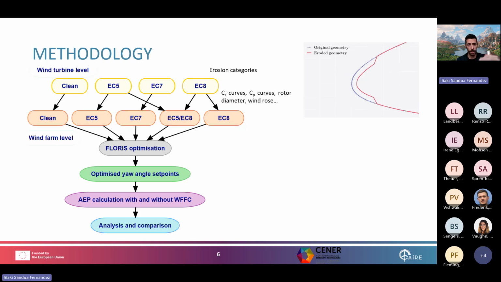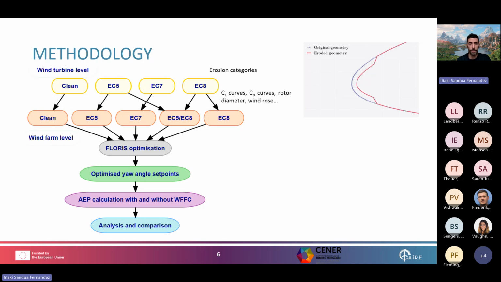With these models, we obtain the thrust curves and the power curves, and this, together with other parameters like rotor diameter, wind rose, hub height, and so on, we use to build the wind farm models. And for this we have used FLORIS software. So we have a wind farm model for each erosion configuration, as you can see there.